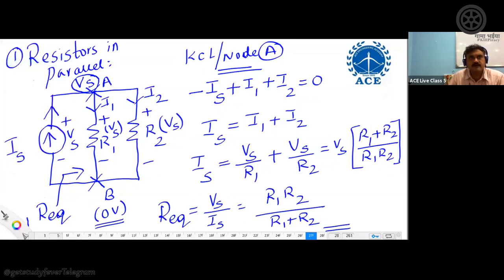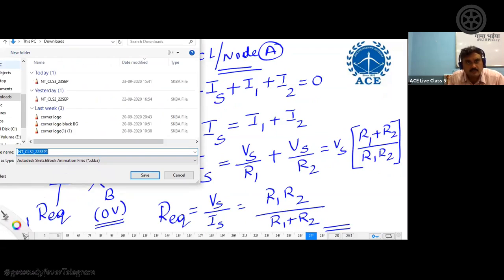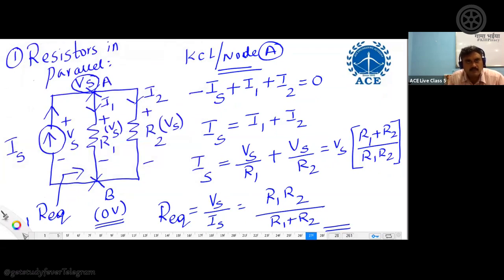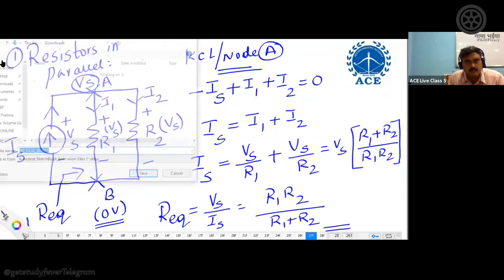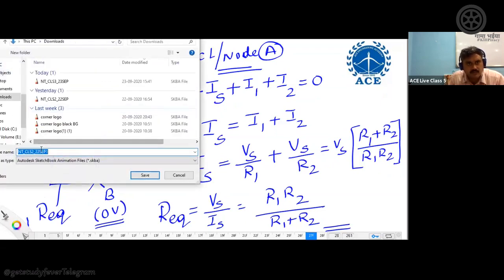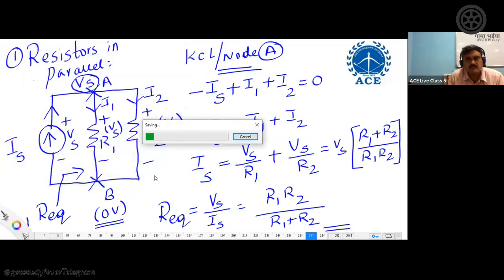So these are resistors connected in parallel. Next.